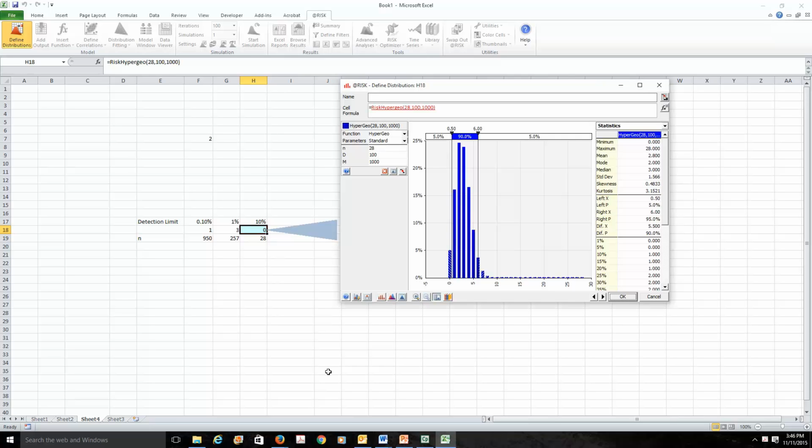So the hypergeometric distribution can help us decide how large a sample we need to take to achieve a certain detection limit. So if we are looking for diseases in animals, defects in imports, the number of defects in any kind of shipment at all, this is a really handy distribution to use.